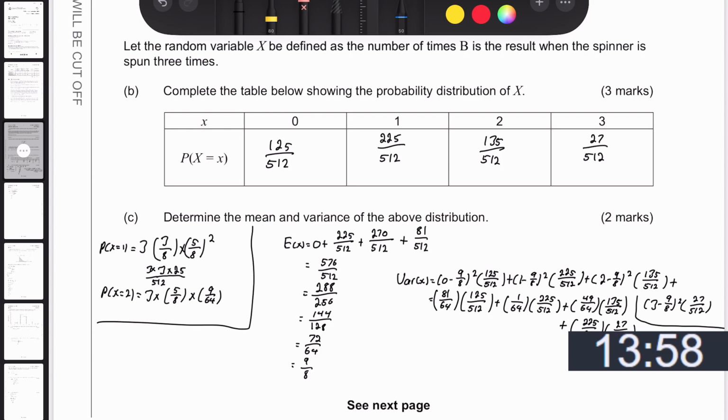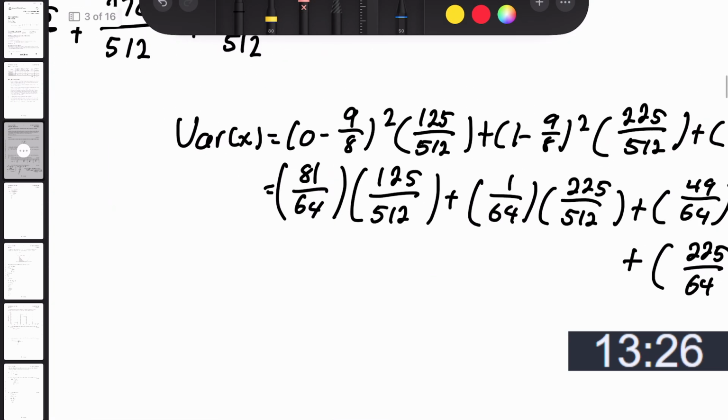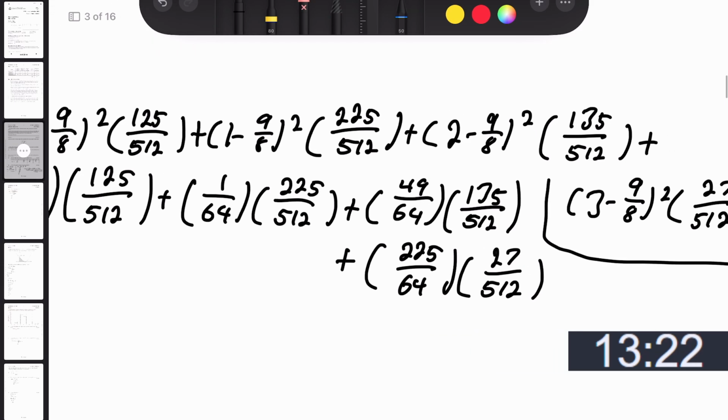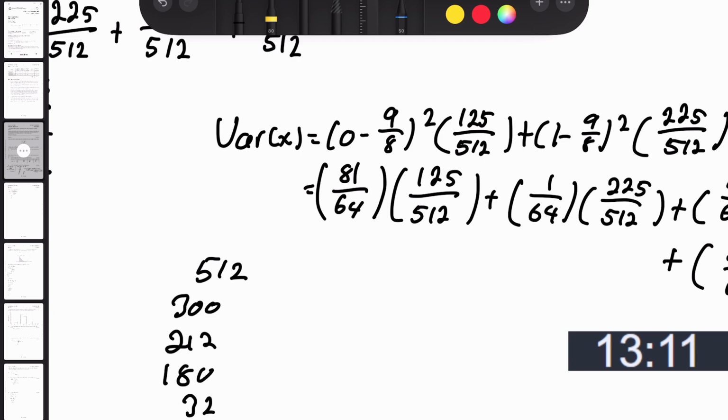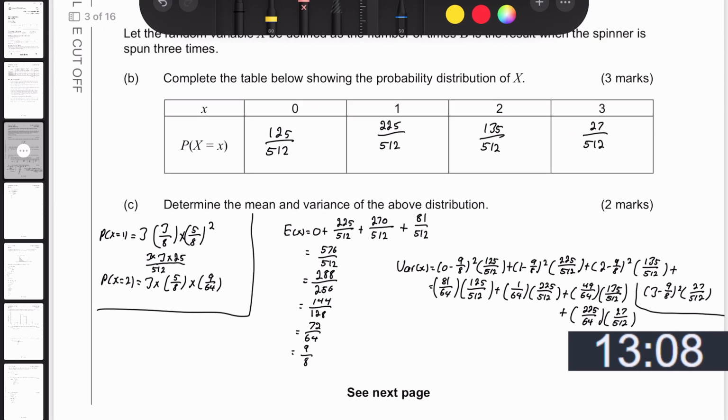The mean and the variance of the above distribution. Am I forgetting something? I think I am. I have to be forgetting something. What the heck, man? Can I divide 512 by 3? 300, 212, 180, 32. No. There's no way they expect me to be able to do this.